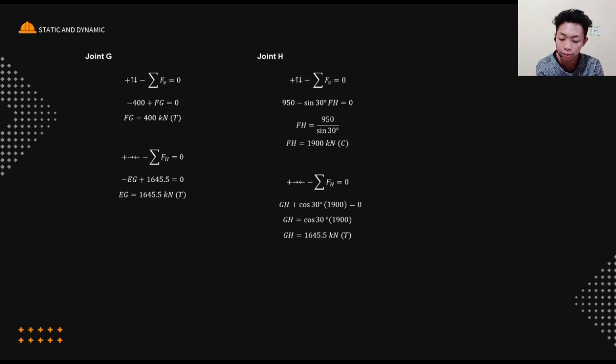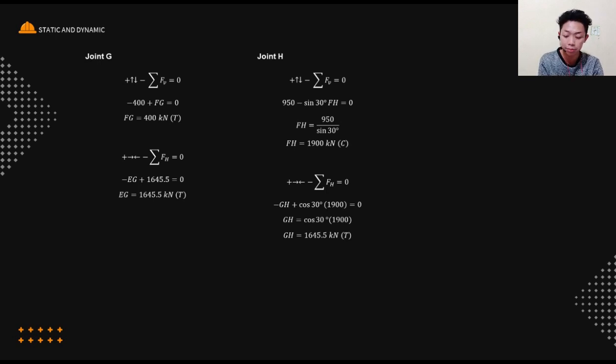Bali yung joint H, meron siyang mga chords na FH, GH, tsaka RH. So, i-assume natin na yung FH is compression, then yung GH is tension.